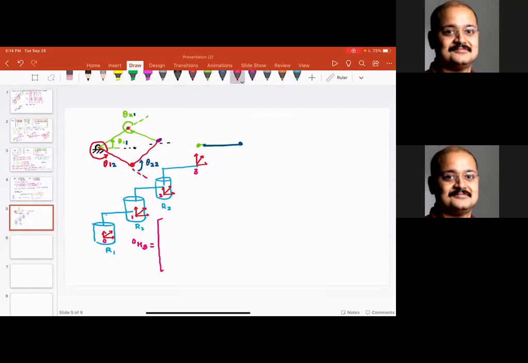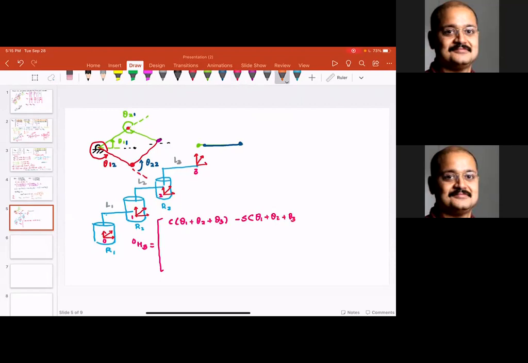And probably by now, you might have noticed the pattern. So if this distance is L1, this L2, this L3, can someone tell me the final homogeneous transformation matrix? This is going to be cosine, correct? Cosine of theta 1 plus theta 2 plus theta 3, minus sine theta 1 plus theta 2 plus theta 3.